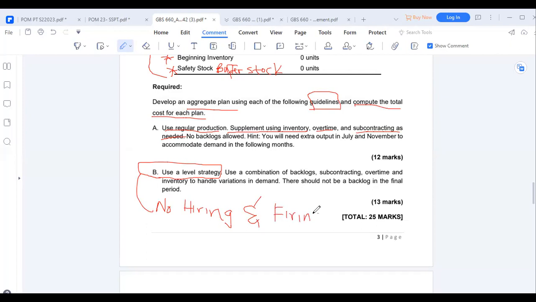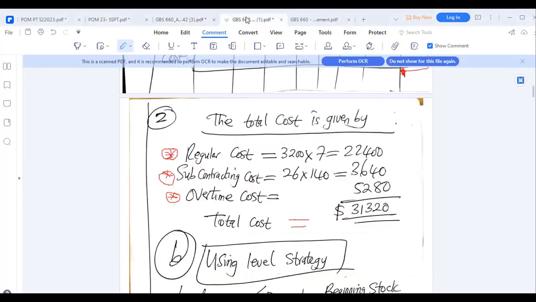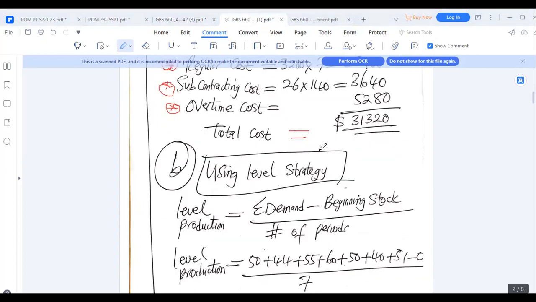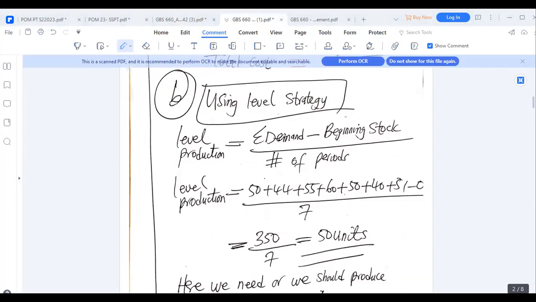So what we are trying to say here is that for this second one, we are supposed to look at our level of production. First and foremost, how do we get our level of production? That is the concern for the second strategy. Using the level strategy, level production is the summation of demand minus the beginning stock.